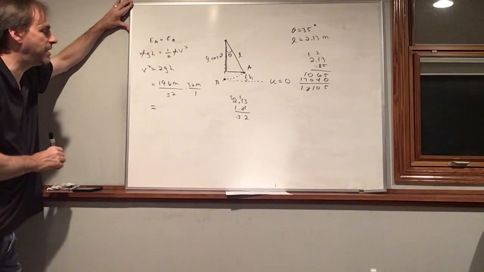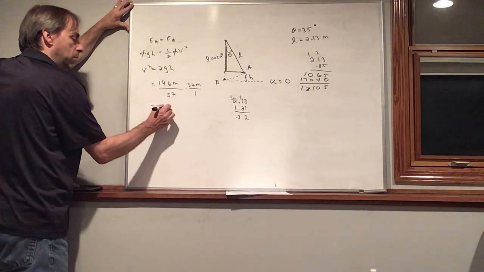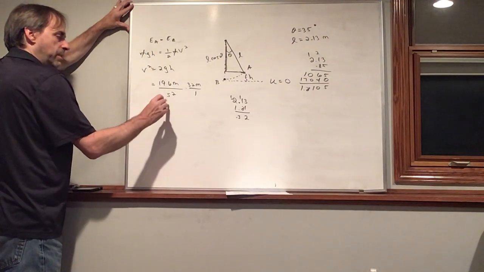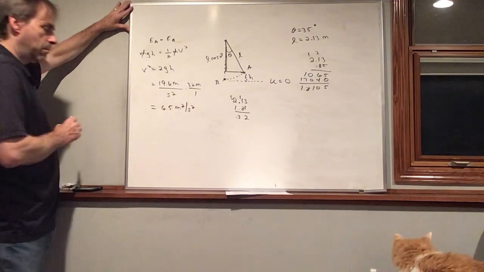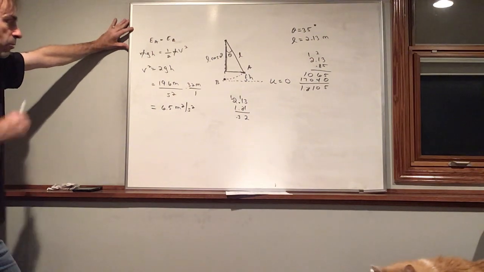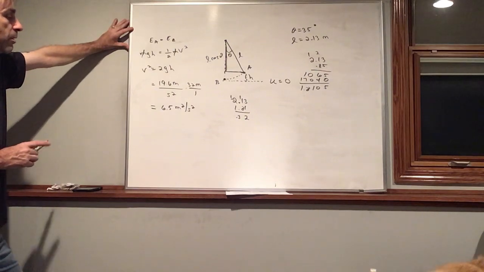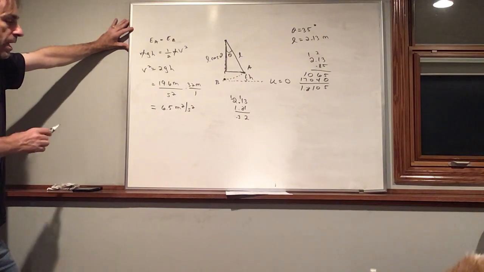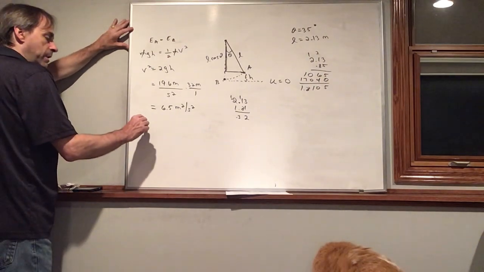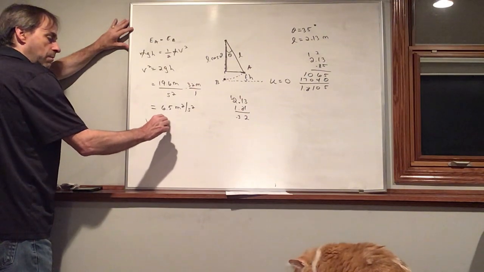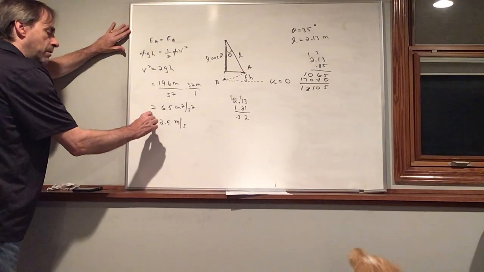So if we do 19.6 divided by 3, that's around 6.5. So v squared is going to be around 6.5 meters squared per second squared. And then we take the square root of that. I think that's around 2.5 or 2.6. I'm going to say around 2.5 meters per second.